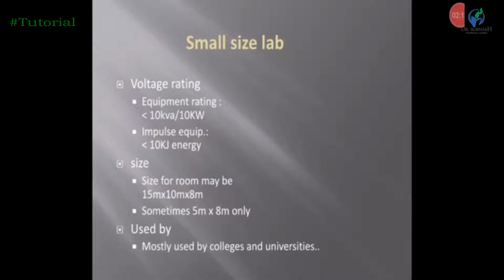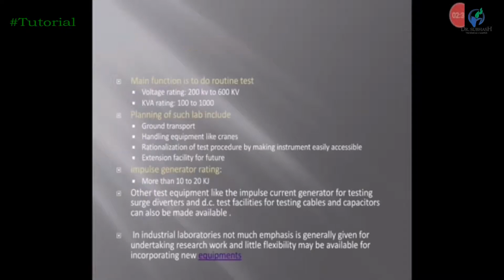The size of a room may be 15 meter by 10 meter by 8 meter. Sometimes only 5 meter by 8 meter is used. It is mostly used by colleges and universities for high voltage laboratory purposes.